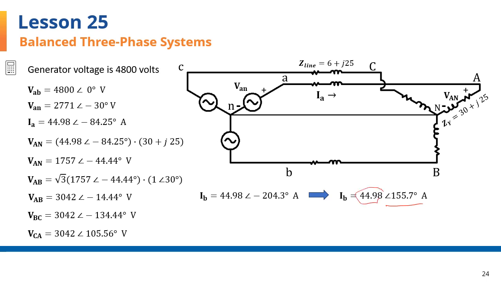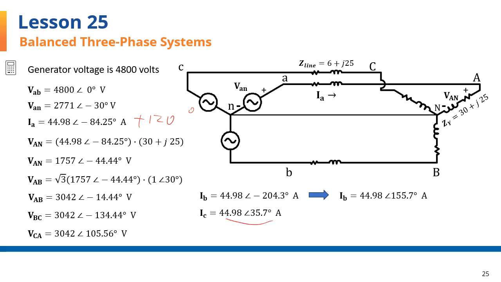Same amperage, 44.98, with a phase angle of 155.7. And IC is calculated by adding 120 to the phase angle of IA, and this is the result for IC.